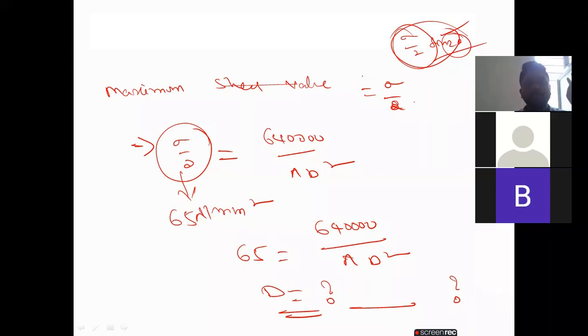So still now we have the direct stress, load by area. From that, they have already given the maximum shear value. So we equate both. Sorry, this one is sigma by 2. Sigma they have given. If you send this 2 over, what happens?